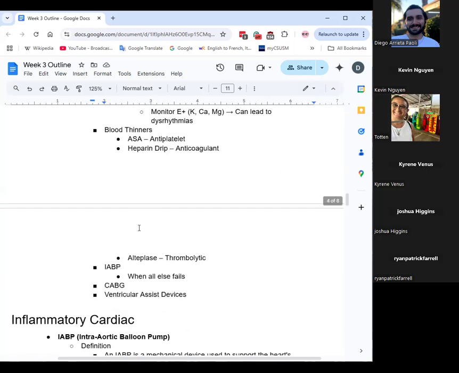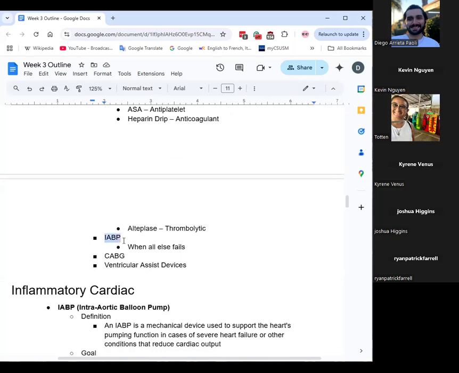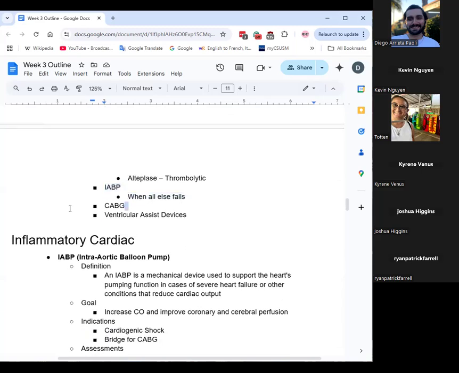But none of it's working. They need to be placed on an IABP to assist them, and then once we stabilize them, we do a CABG so their heart is actually able to pump. We kind of divert that freeway and allow circulation to properly occur, not overload the heart.